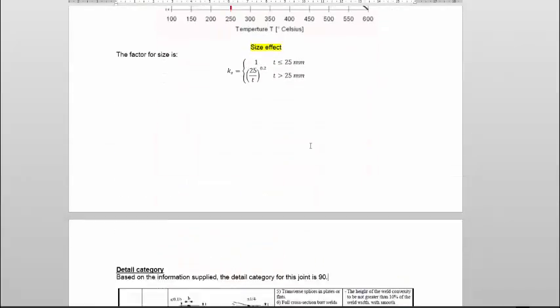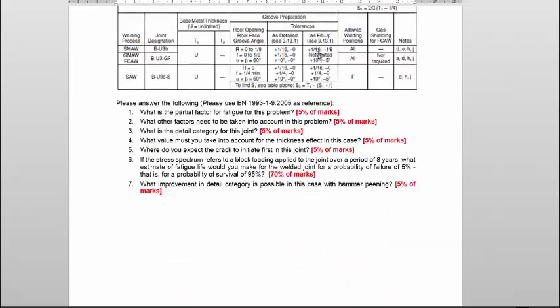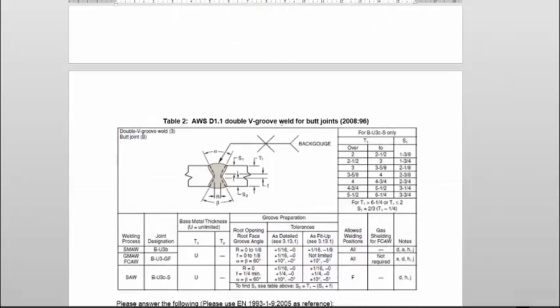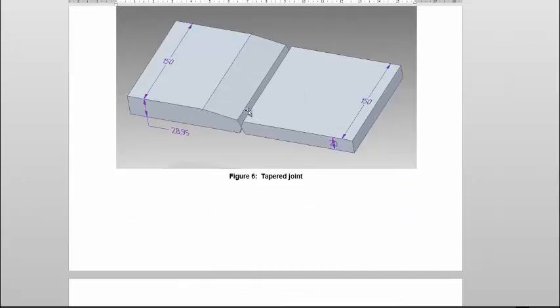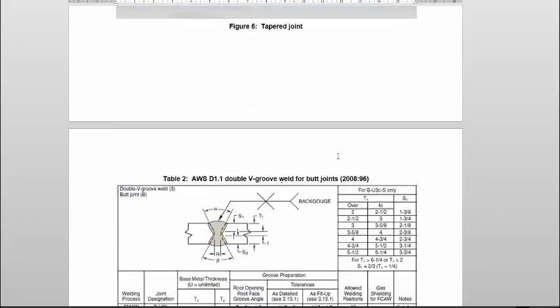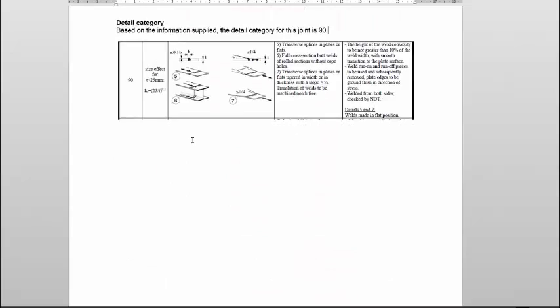So let's go down here. We need to take that into consideration. We just see here quickly. The weld will crack in the thinner part because, of course, the stresses are less on that side. So in this case, we don't have a thickness effect because we only have 20 millimeters here. So we can say in this case, no thickness effect needs to be taken into consideration.